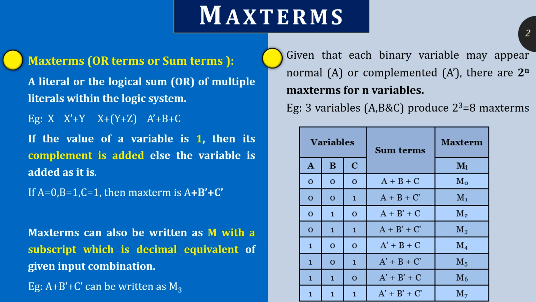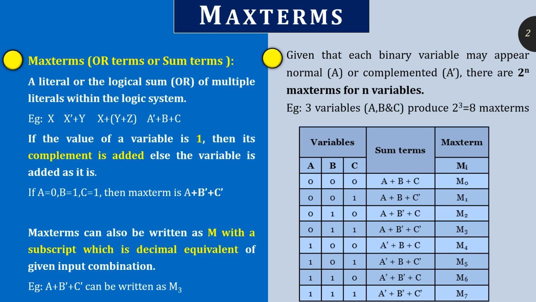So a plus b bar plus c bar can be written as capital M with a subscript 3. Very similar to the min terms, here also for n variables, it produces 2 raised to n max terms. For example, if we have 3 variables, it produces 2 raised to 3, which is equal to 8 max terms.